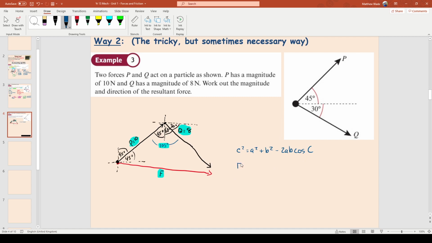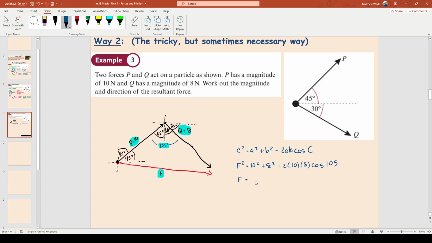So in ours, it's F squared equals 10 squared plus 8 squared, take 2 times 10 times 8 cos 105. Okay? And now in your calculator in one step, and it better be the same answer, so help me. 10 squared plus 8 squared, take 2 times 10 times 8 cos 105.